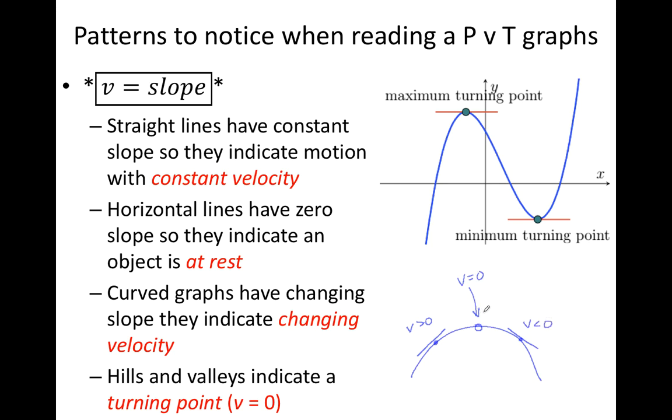And you have to go through zero to get from the positive numbers to the negative numbers. So a turning point indicated by the top of a hill or bottom of a valley is going to indicate a position where there is zero velocity. Objects have zero velocity at turning points.